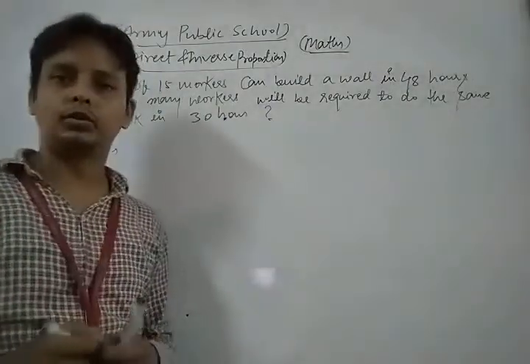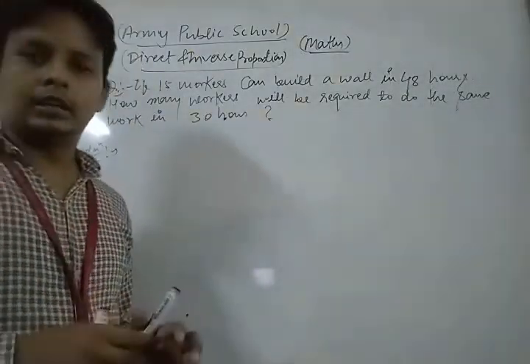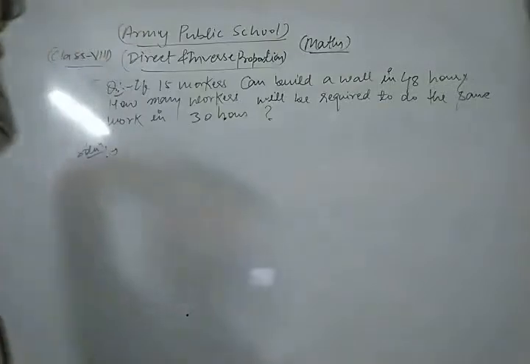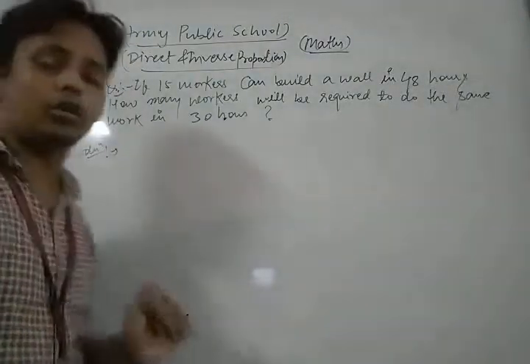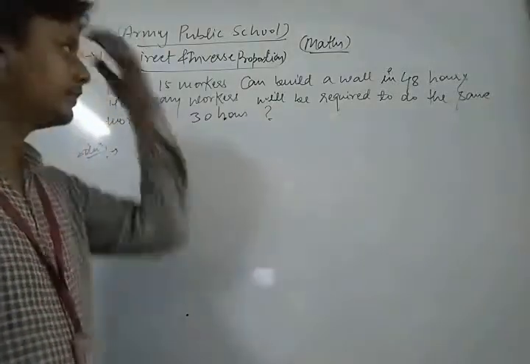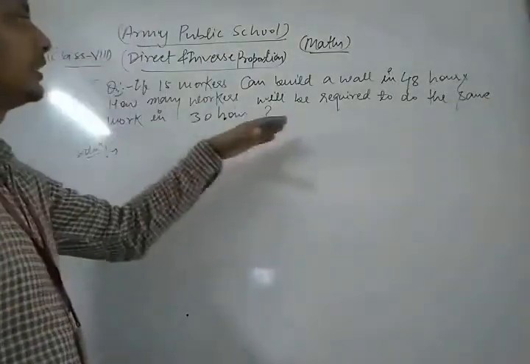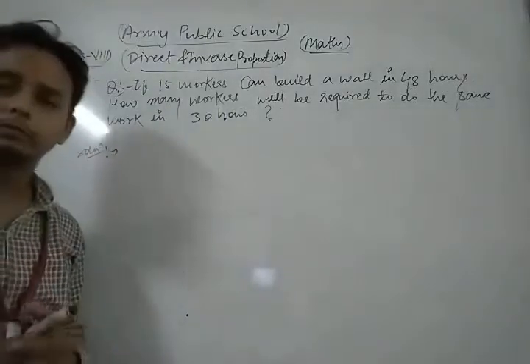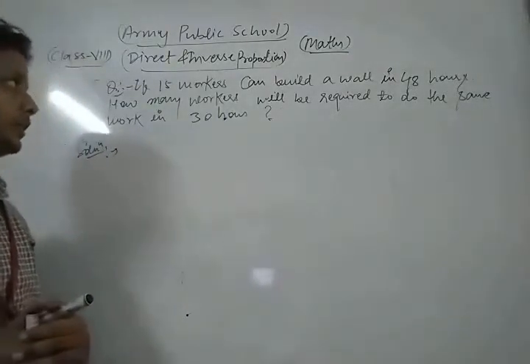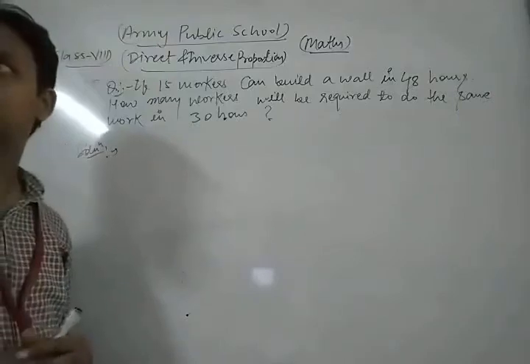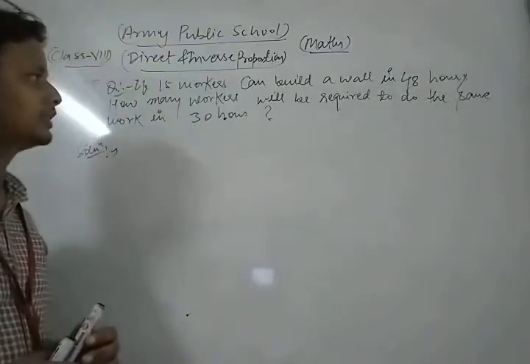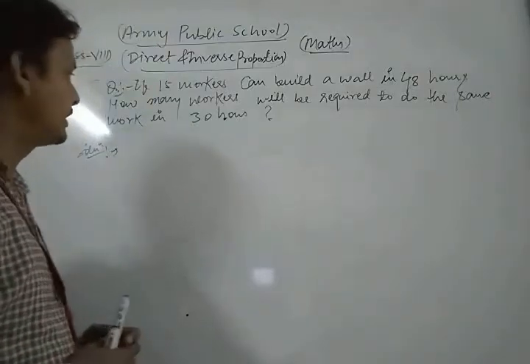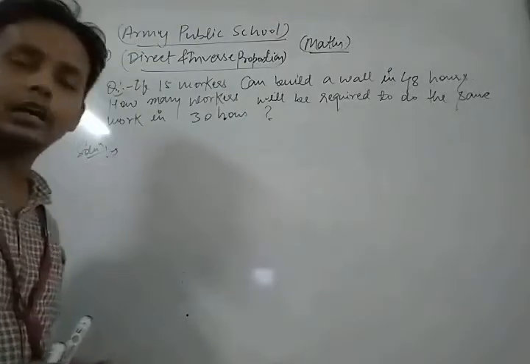Okay, now here look, dear student, the question is: if 15 workers can build a wall in 48 hours, how many workers will be required to do the same work in 30 hours?